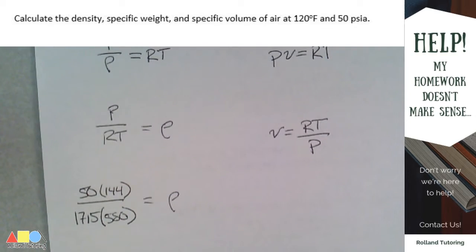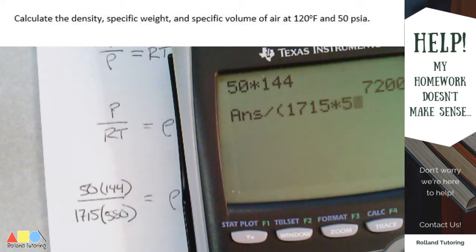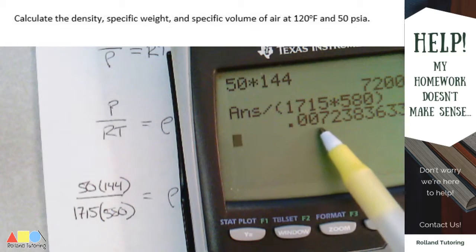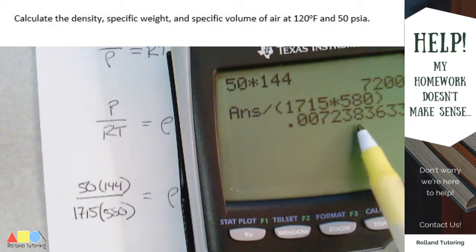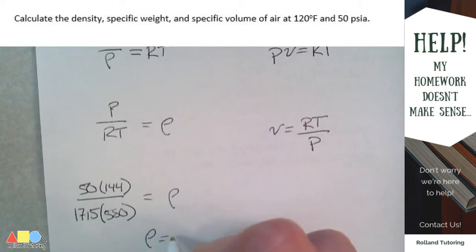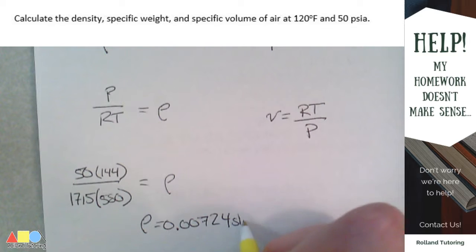If we go ahead and plug that one in now, 50 times 144 divided by 1715 times 580, that should give you 0.00723, or 0.00724 if we round up from this 8. And this turns into slugs per foot cubed.